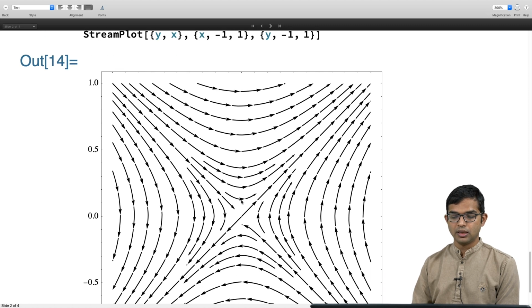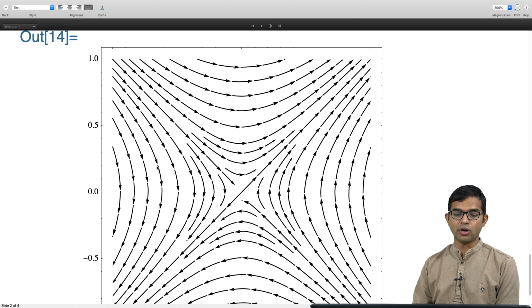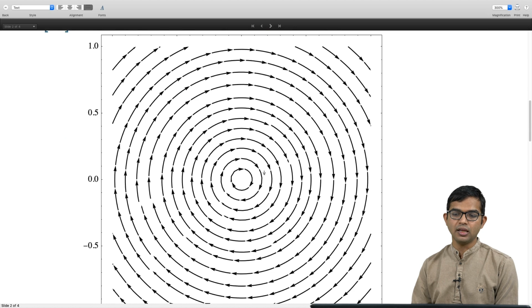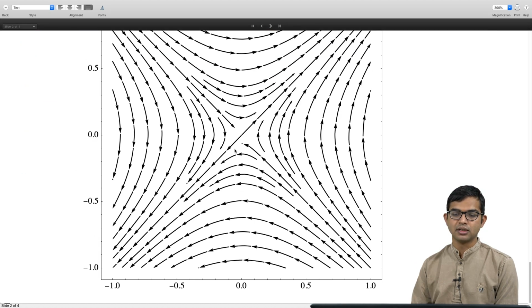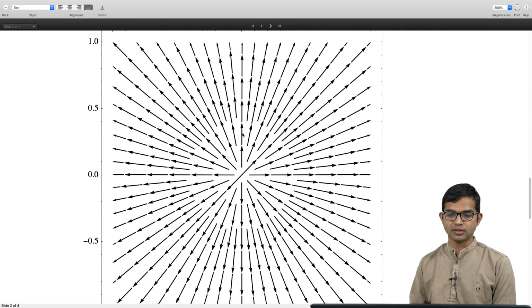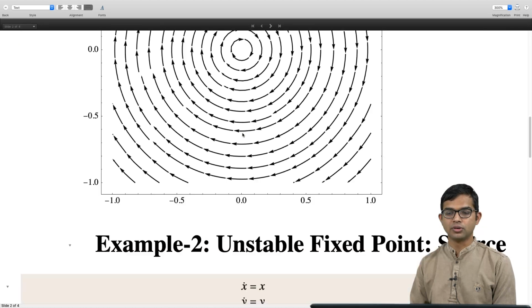It doesn't matter in which quadrant you start, it's eventually going to go to y equal to x, and for large negative times you would be very close to the y equal to minus x line, right? So this is what is called a saddle point. So in fact these three are very characteristic plots, which represent the so-called stable node, unstable node.